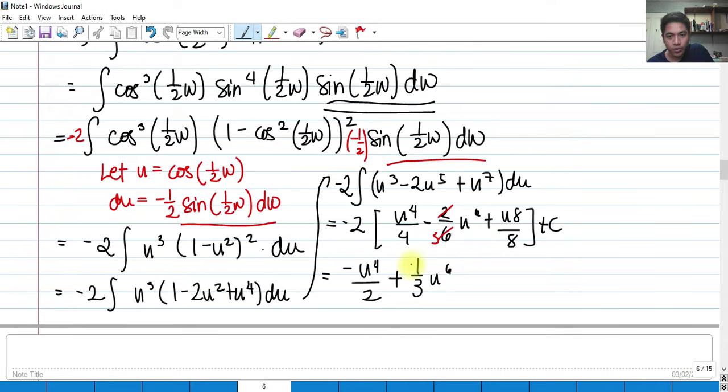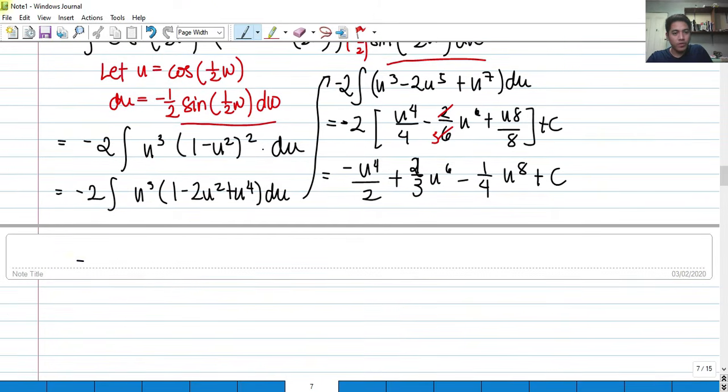I'm sorry, this should be 2/3 because we have negative 2 multiplied by negative 1/3. That's positive 2/3 u raised to 6. Then negative 2 multiplied by positive u raised to 8 over 8 gives negative 2 over 8, which is negative 1/4 u raised to 8, plus c. And of course, don't forget to back substitute.